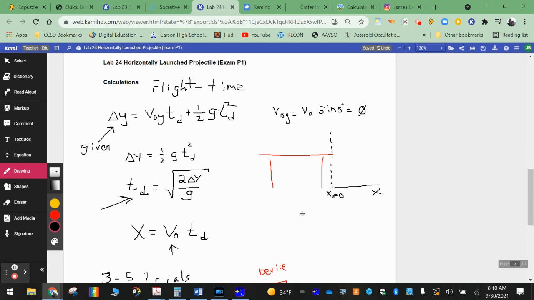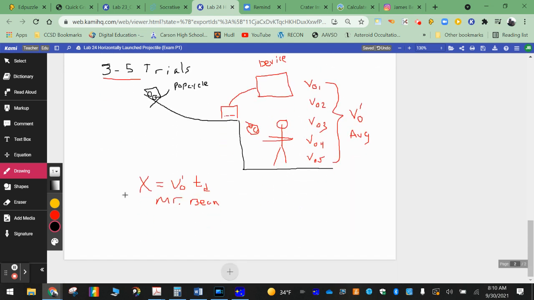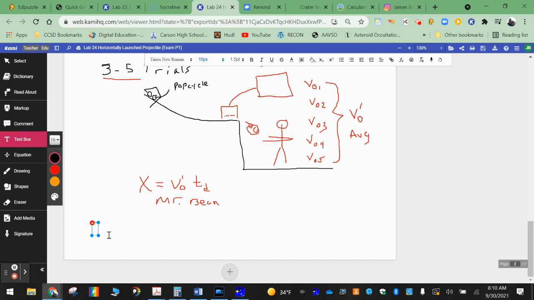Which brings us to the objective, which I'll write here, and then that will conclude our discussion. So we'll call this the objective. Ryan, what do you think the objective should be?